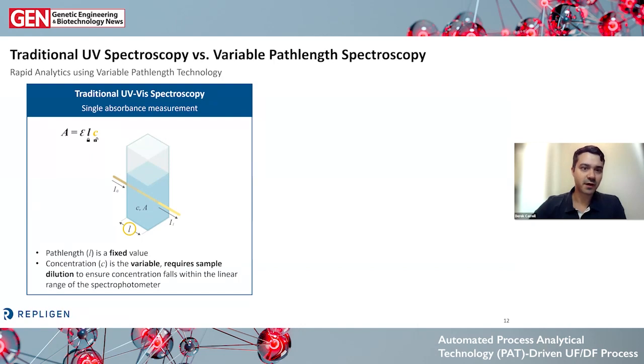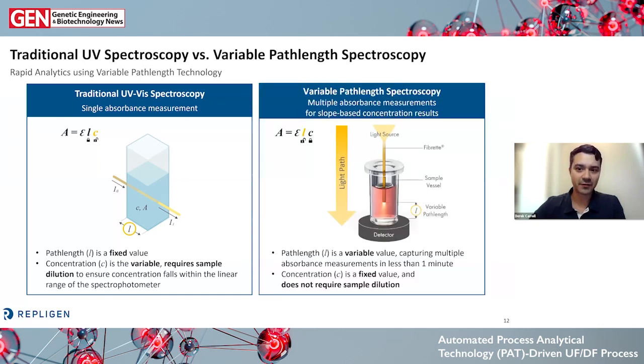So how this works: you compare to your traditional UV spectrophotometers. Typically there's a cell that you would add your sample to. The path length is fixed for a particular cuvette. You would then need to prepare dilutions to make sure that you don't saturate the signal, and then you can go back and reapply those dilution factors to calculate your actual concentration.